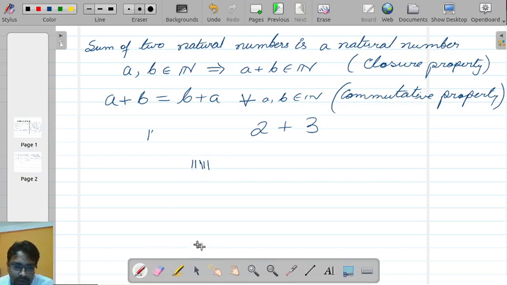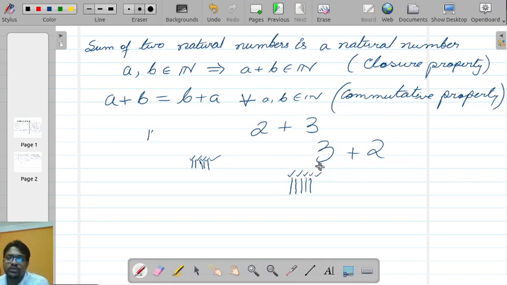Then you count these things: 1, 2, 3, 4, 5. If it is something like 3 plus 2, what we do? We give 3 lines first, and then we give 2 lines, and then we count 1, 2, 3, 4, 5. So these are the same.